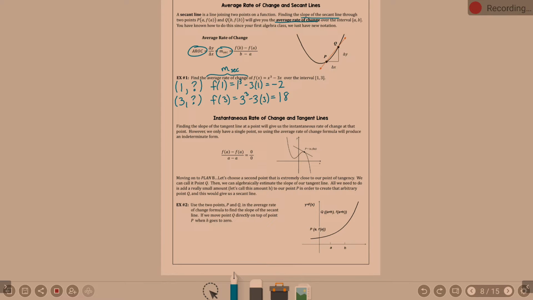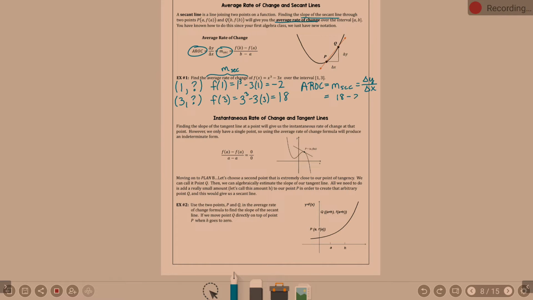Good. So again, they asked us to find AROC, which means I'm finding the slope of the secant line, which means I'm doing change in y over change in x. So we have to use the y values.